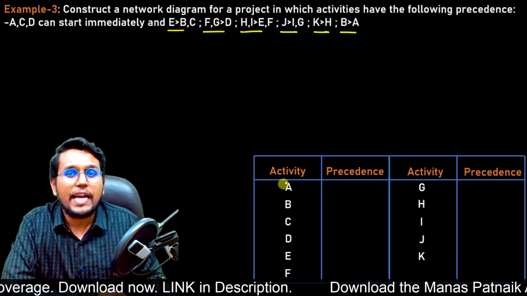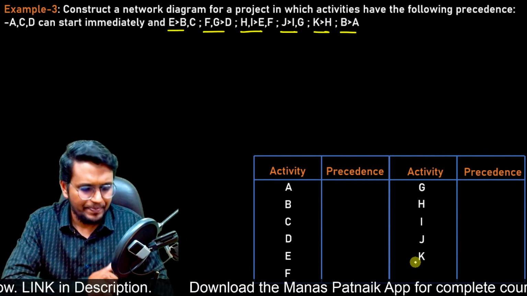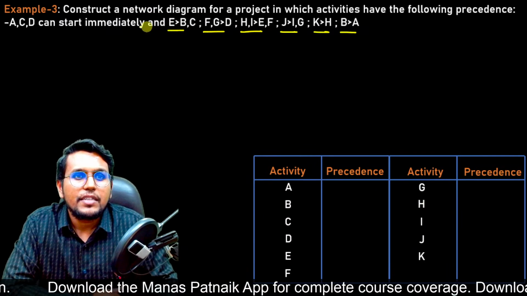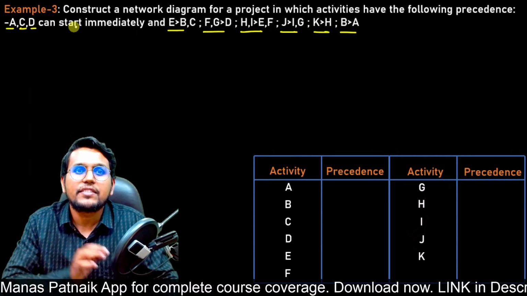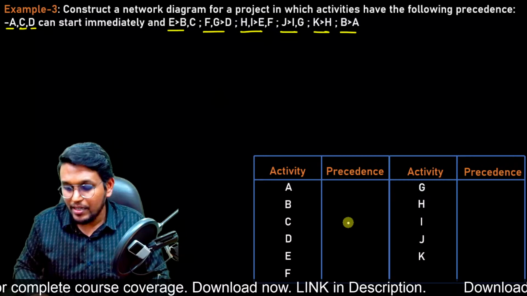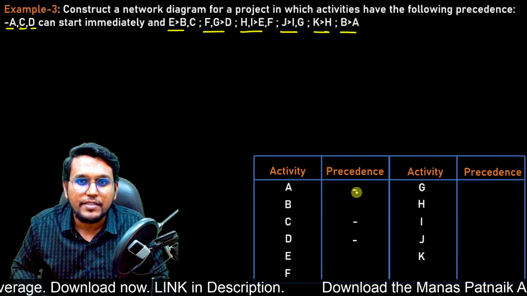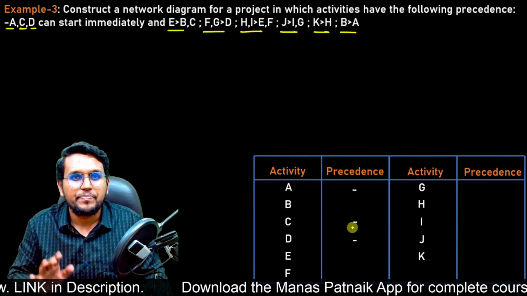We have these activities, A, B, C, D, E, F, G up to K. Clear? Now what we see and read here is that activity A, C and D can start immediately. That means there is no precedence. So let us put a dash in front of A, C and D. They are unpreceded activities. Fine.